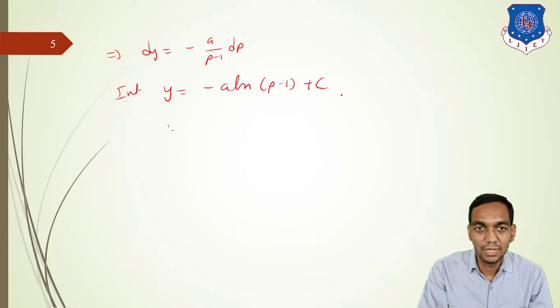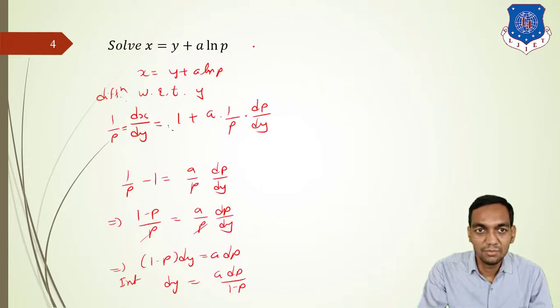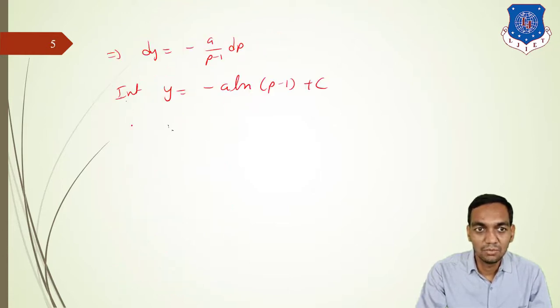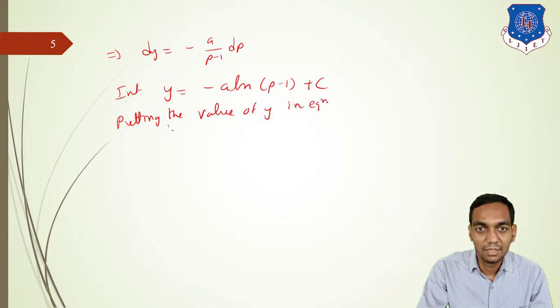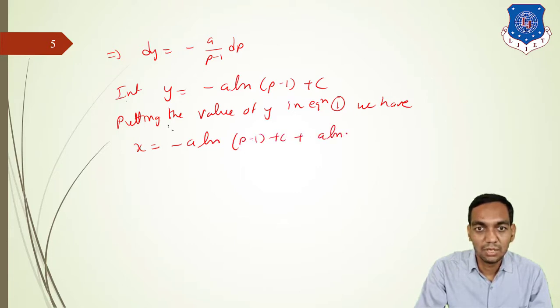Now see, this is the value of y, and from this one you cannot find p, correct? So we are writing this as it is, and we are going to substitute this in equation 1. Putting the value of y in equation 1, we have x is equal to y plus a log p, so y is minus a log (p minus 1) plus c, plus a log p.